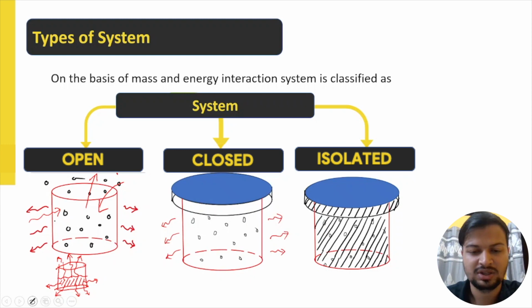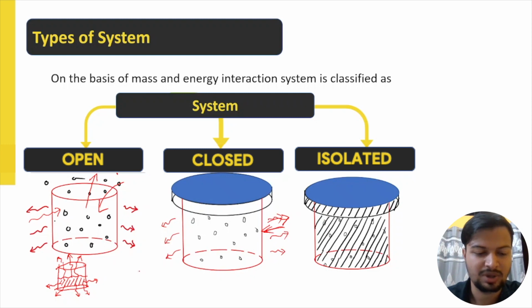Then we'll move on to the next type of system, which is the closed system. In a closed system, energy interaction is allowed. That is, energy can come in or get out of the system. But mass is prohibited from coming in or getting out of the system. What example can we take?